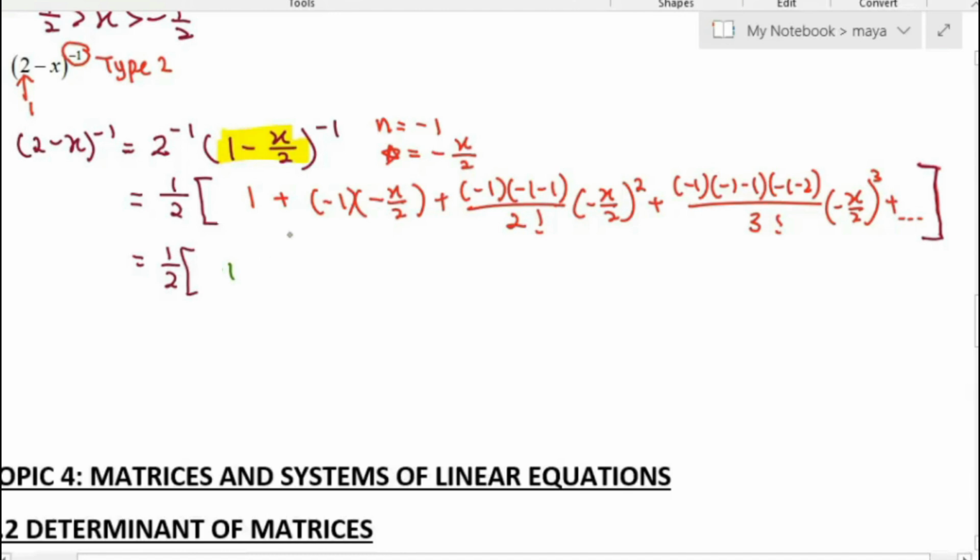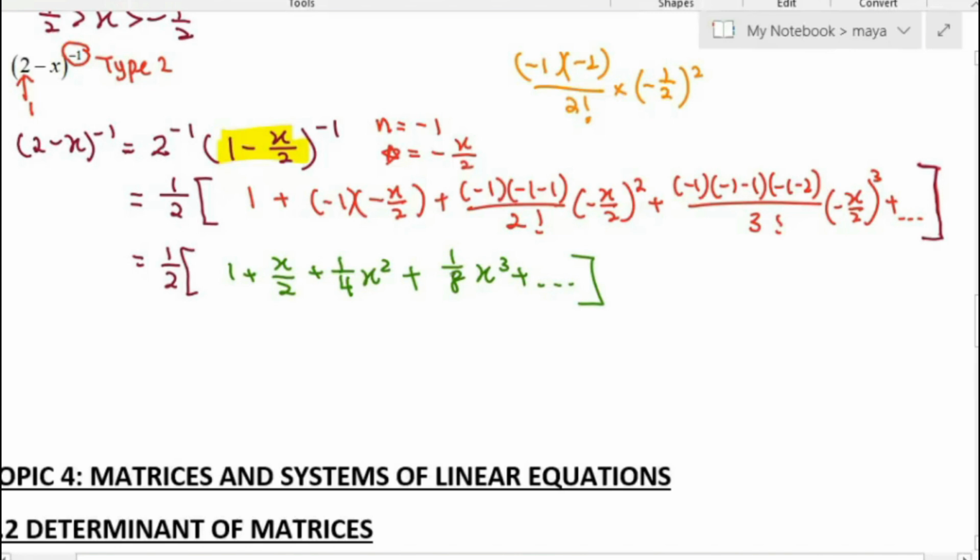The 1 here will be positive x over 2, and then simplify this. So when you want to simplify this, negative 1, press your calculator, negative 2 over 2 factorial. And then this one, you see you got a coefficient, which means this is negative 1 over 2. So you press your calculator for all the values except for x. So you finish your expansion, and then don't forget this one, 1 over 2.